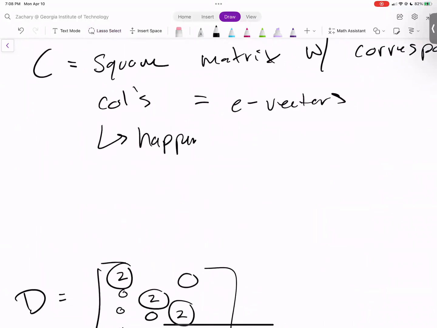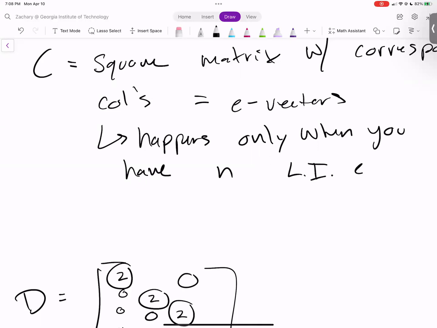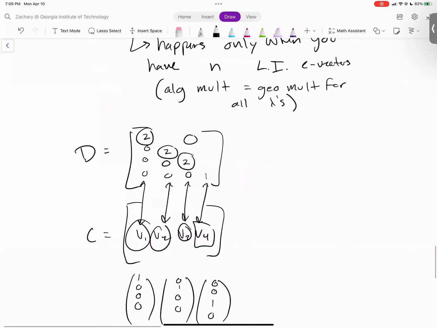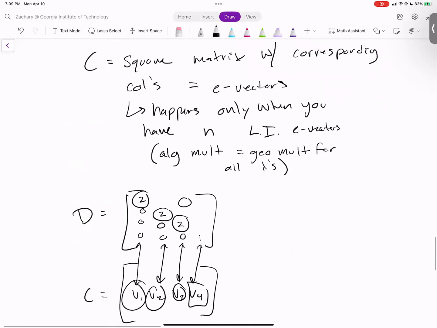Diagonalization happens only when you have n linearly independent eigenvectors. Parentheses, your algebraic multiplicity is equal to geometric multiplicity for all lambdas. So what did we say our algebraic multiplicity was for 2? 3.